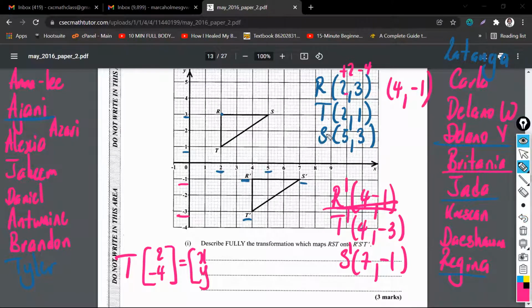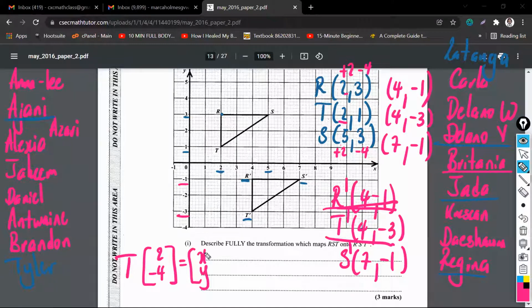Does that make sense to you guys? Same thing here. If you add 2 to this 2, you're going to end up with 4. If you add minus 4 to this 1, you're going to end up with minus 3, which is the point for the T prime. And for the S, if you add 2 to the 5 and you add minus 4 to the 3, you're going to end up with 7, minus 1. So I know that the transformation is 2, minus 4.